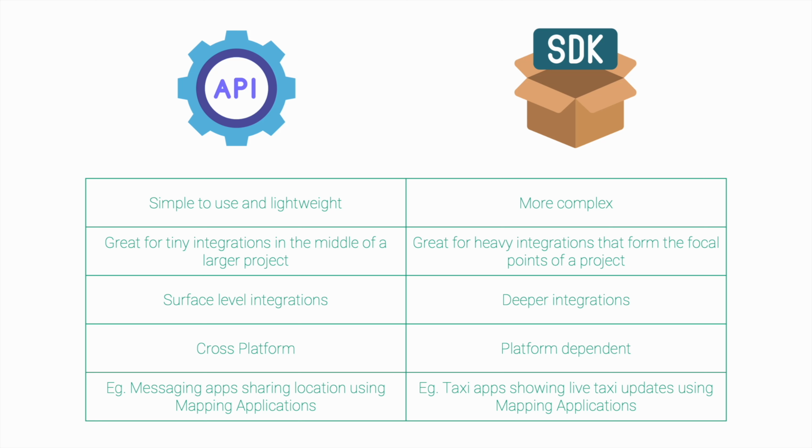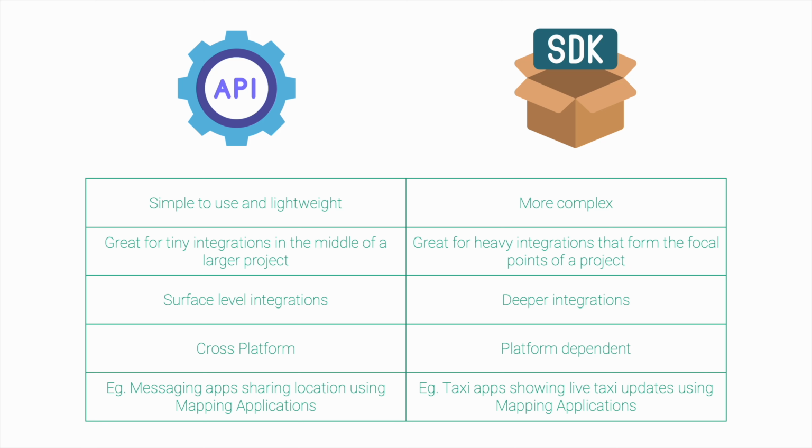External application providers offer both these services in general, and APIs are normally lighter weight versions, and SDKs are more involved. So if you have a tiny project that has a small requirement, it's better to go for an API. But if your application or project entirely revolves around a third-party application, or a substantial part of it goes to an external application, that's when you choose an SDK.